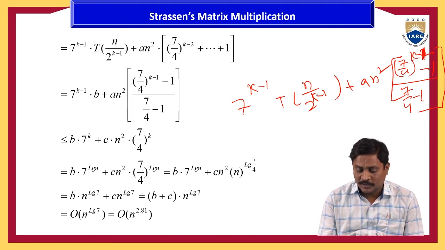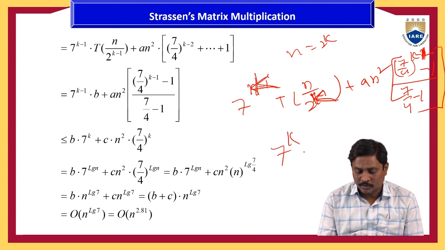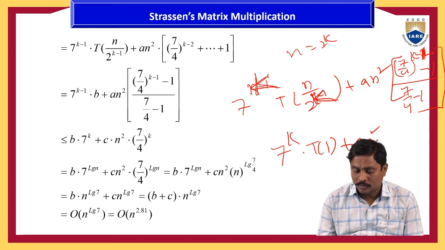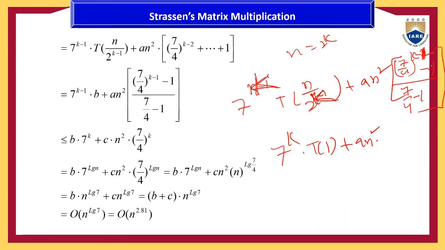Now in this T of 1, n equal to 2 power k is substituted. Here 7 power k into T of 1 plus a n square, into, we substitute this value here. Approximately this value is equal to 7 by 4 whole power k.